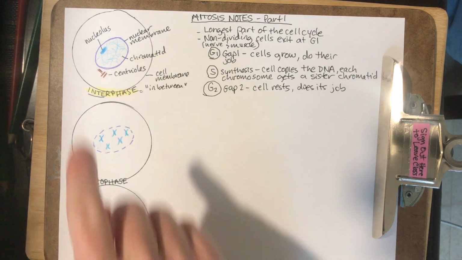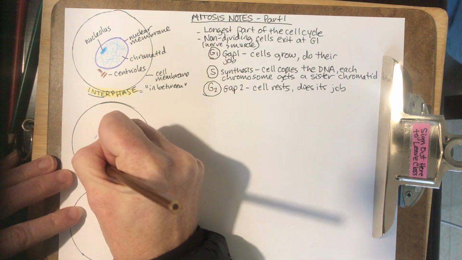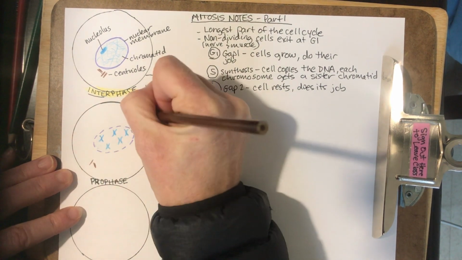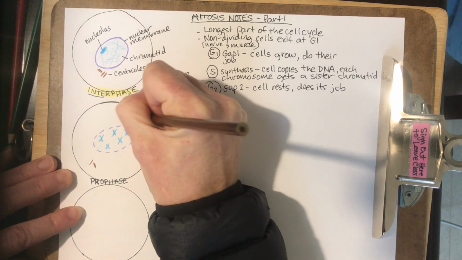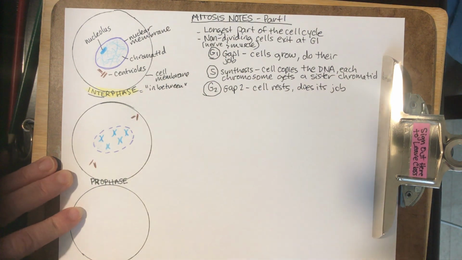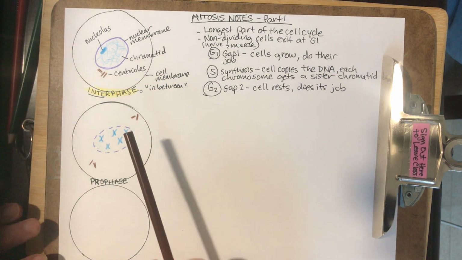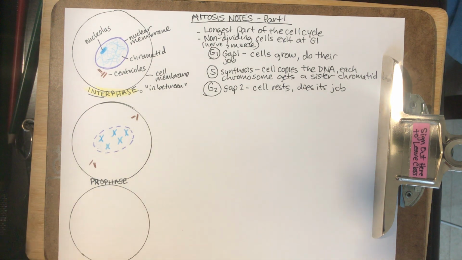And then something's happened with our centrioles. Our centrioles have started to move to the opposite sides of the cell. And the opposite sides of the cell have kind of a fun name. They're called the opposite poles, kind of like we would think about a globe. We have the poles, the North Pole and the South Pole. So we have the poles of the cell, so the centrioles have started to move.